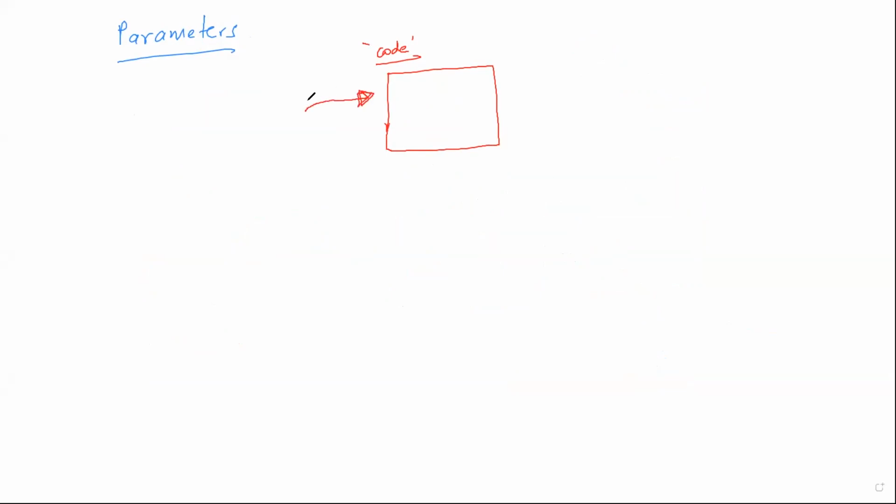Okay, so whenever you call it, you can give it something, that okay, take this as input. Okay, apply your logic on that input and generate output. Okay, and give me that, return the output to whoever called it.